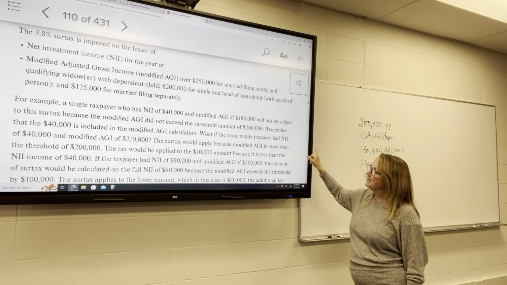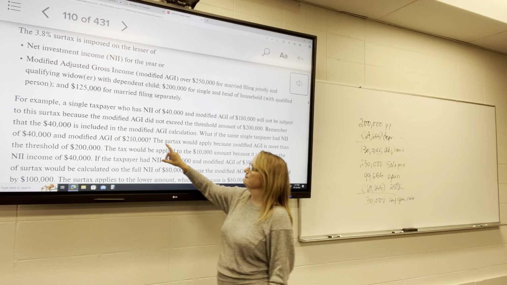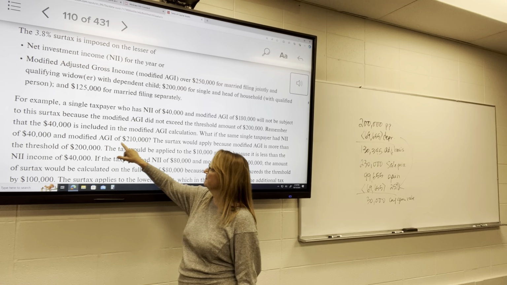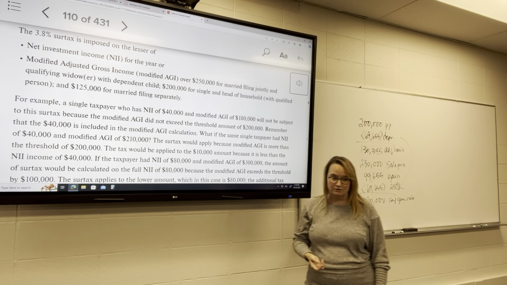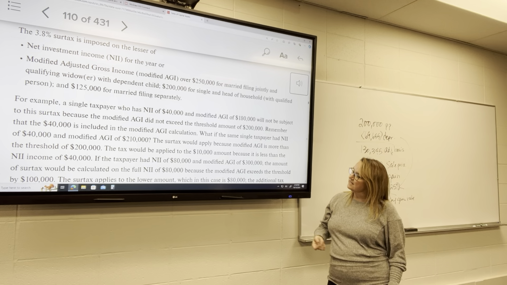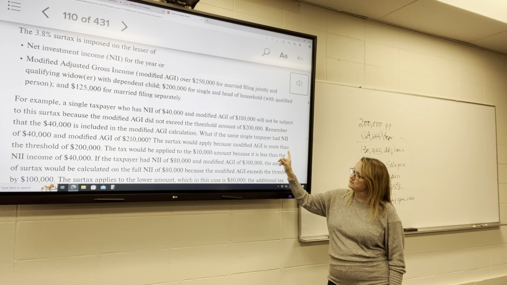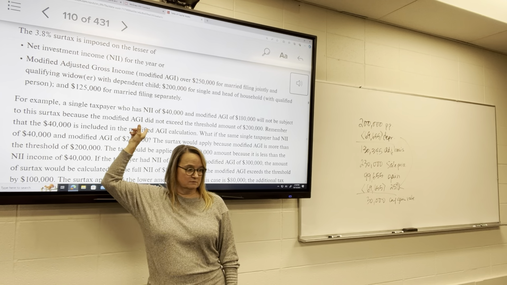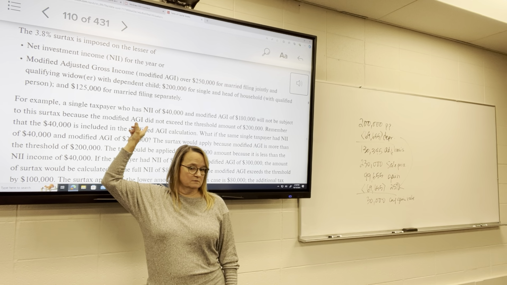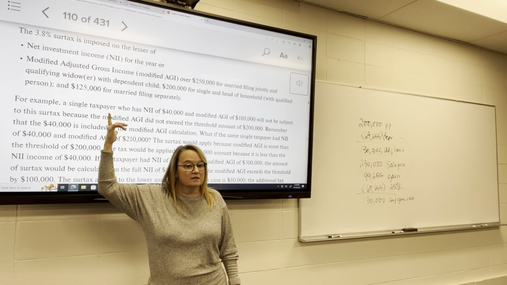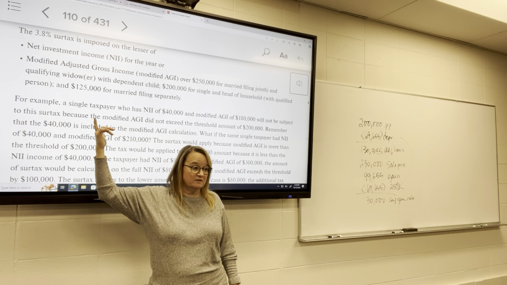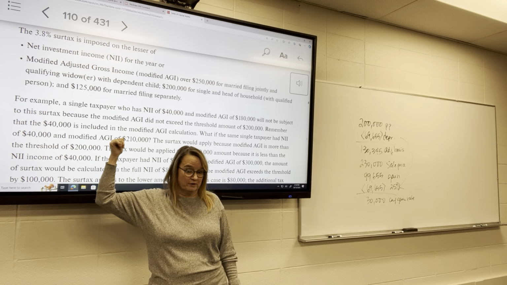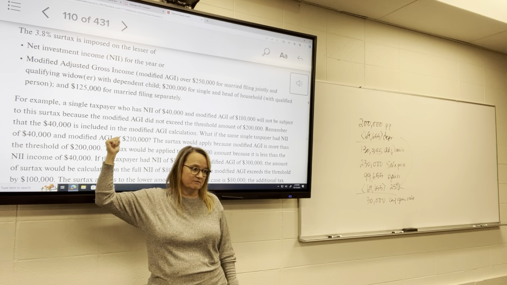However, if they have net investment income of $40,000 and modified AGI of $210,000, then the surtax is going to be on the amount over this $200,000. If their modified adjusted gross income was $250,000, then it would be applied on all $40,000 of that net investment income.